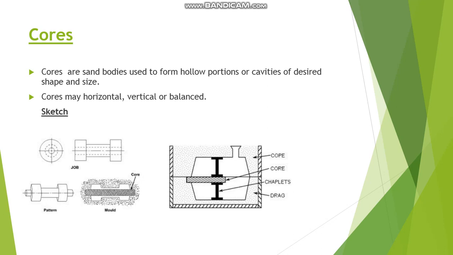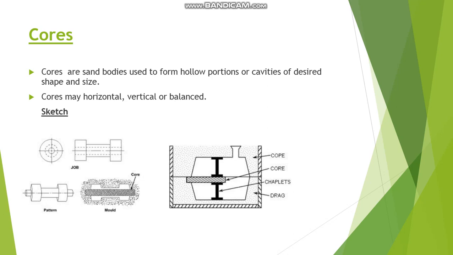Here, you see, the core was supported at the two ends, but in this particular case, the core is not supported at the end, and two supports, which are called chaplets, made of aluminium, are provided so that the core is supported. Otherwise, it's a cantilever core. This core is supported on both ends, and this core is a cantilever core, so it has to be supported at the free end.